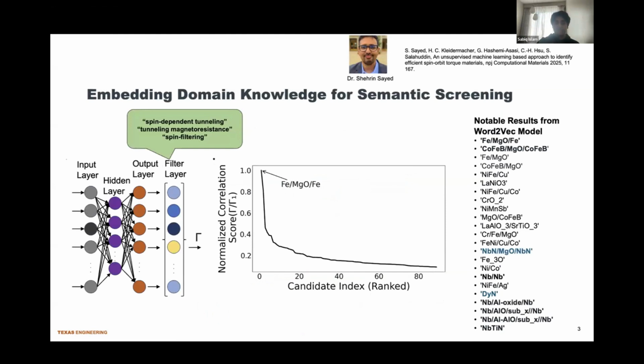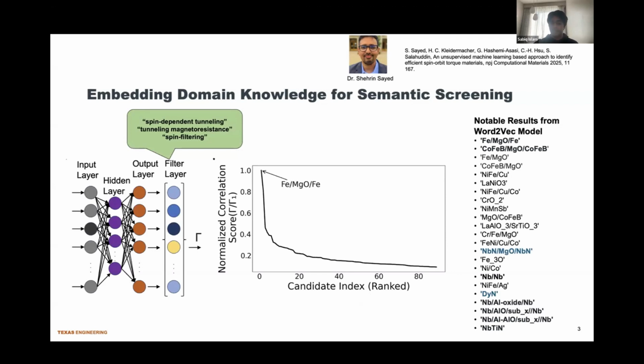So to start on the ML side, we adopted an approach similar to that of Dr. Sharon Sayed's for identifying high spin orbit torque materials. So this uses a model called word2vec, which is a shallow neural network that creates word embeddings from the text and compares their distance in latent space using cosine distances.